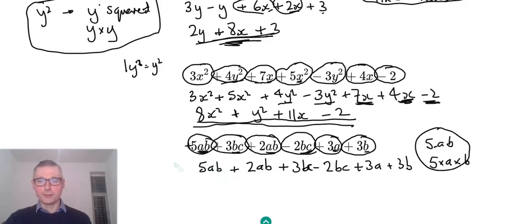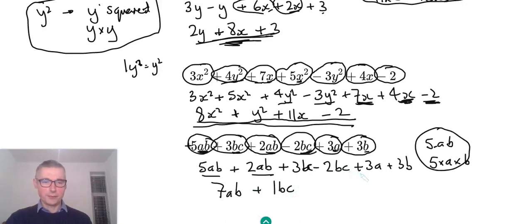Now what we're going to do is collect up the like terms, I mean simplify by adding the like terms. So 5AB plus 2AB is going to give us 7AB. Then we're going to take 3BC, and from it take away 2BC. If we've got 3 BCs and we take away 2 BCs, then we must have 1 BC remaining.